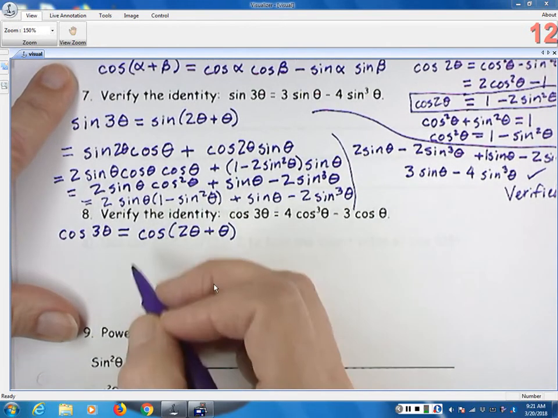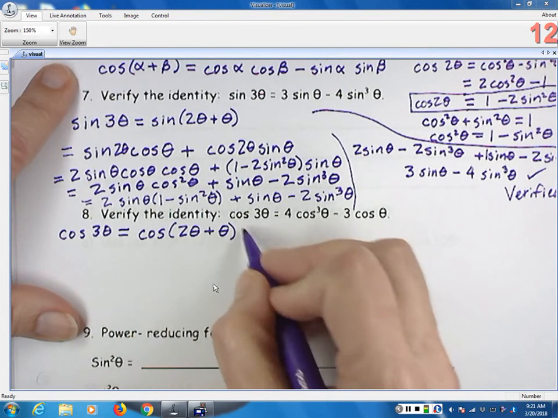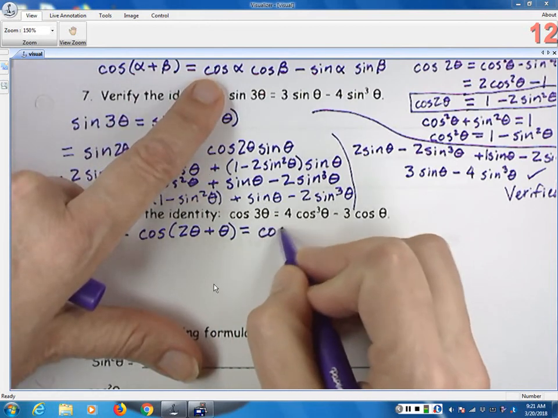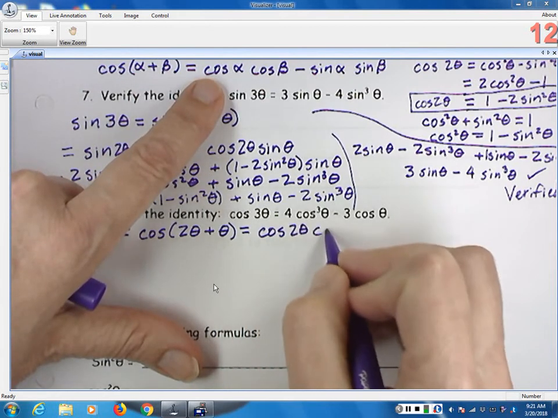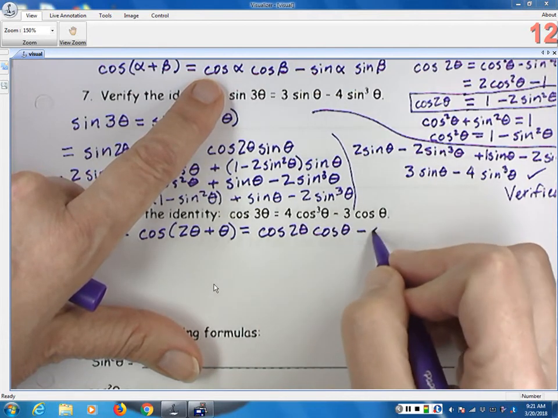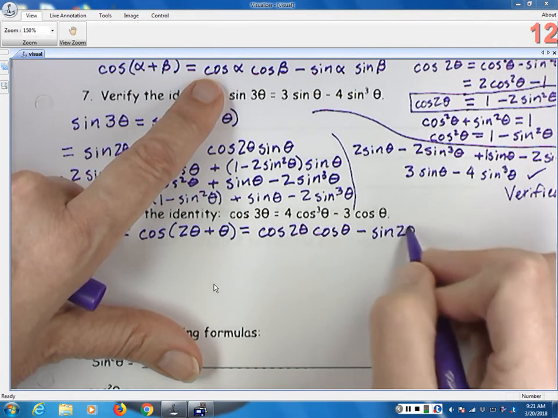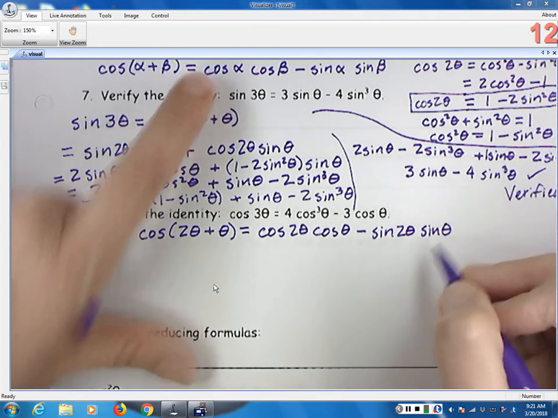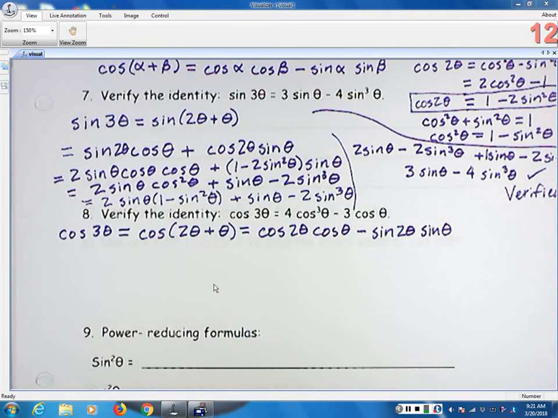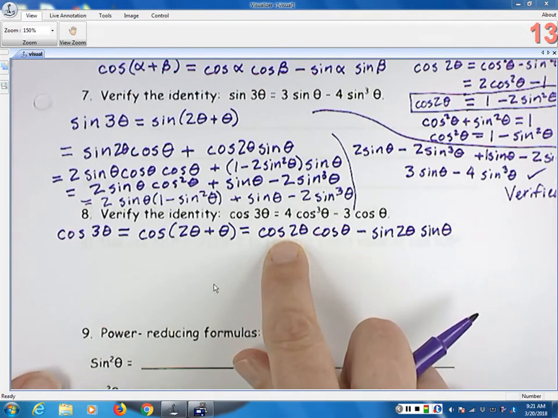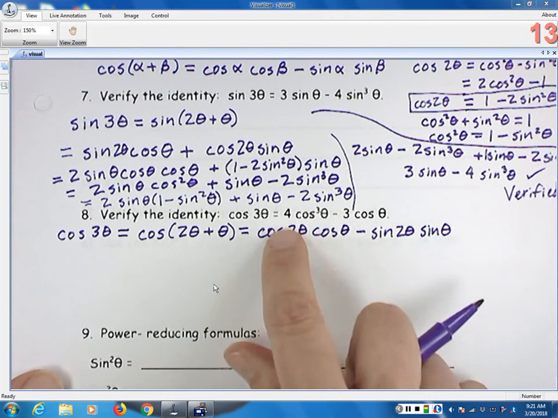So that equals cosine of 2 theta cosine of theta minus sine of 2 theta sine theta. Now we're going to replace cosine 2 theta with the identity that has cosine squared in it.